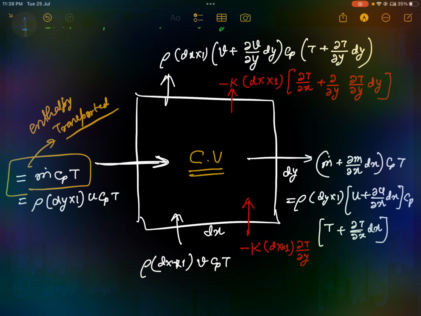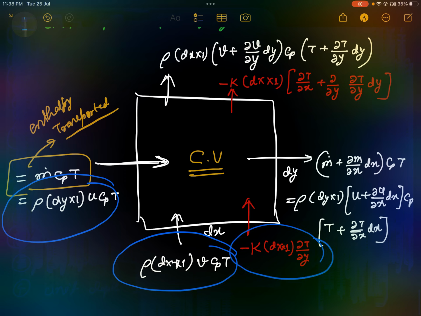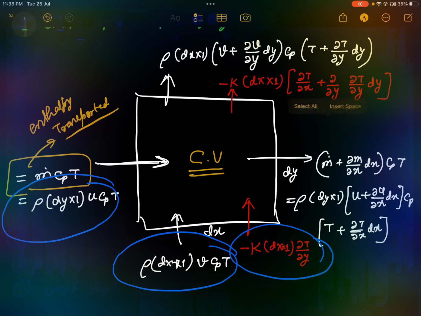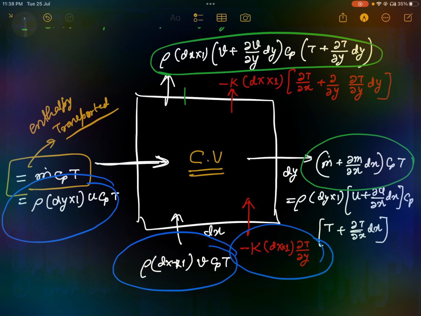And the heat going out is heat convected from the right face, heat convected from the top face, and heat conducted from the top face.